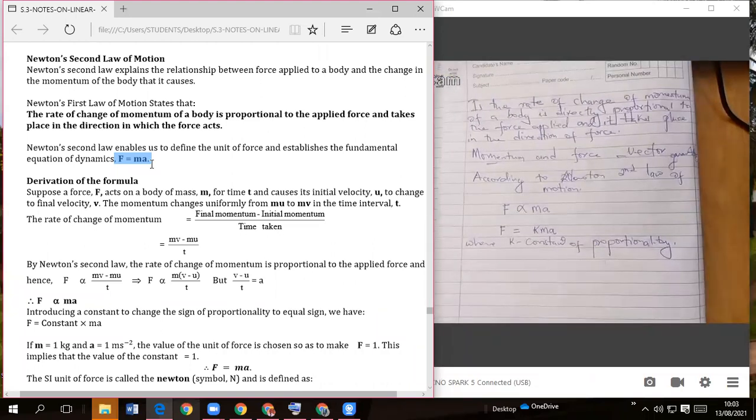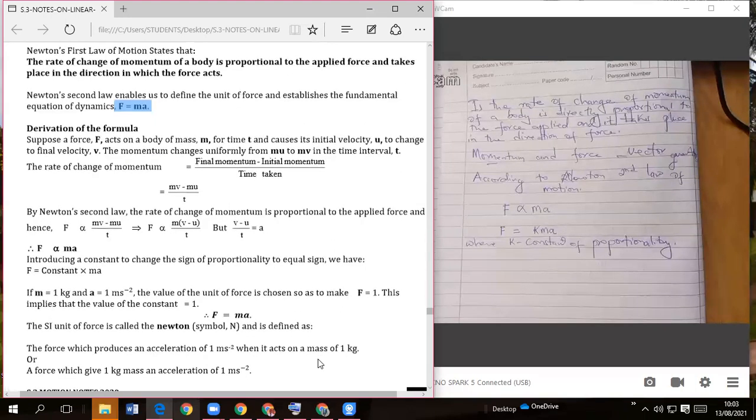Are you together? Now, what is that constant called? It will give us the SI unit of force.